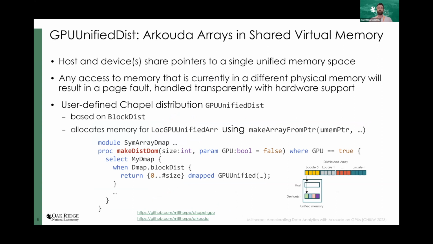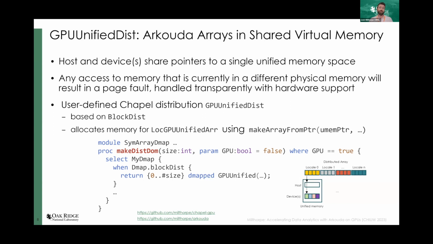But whenever we make an access to memory that is in a different physical memory space, that's going to result in a page fault, and that page fault is going to transparently migrate the page of memory to where it's now being accessed. So this is really nice from a programmer point of view, and we wondered if we could use this to speed up GPU array implementations of CUDA operations.